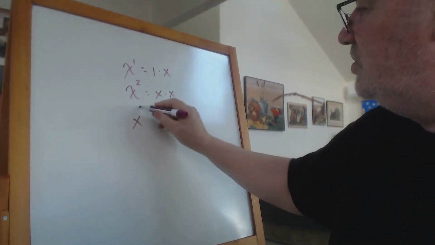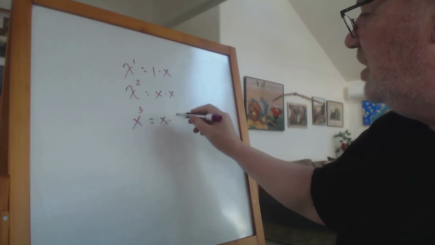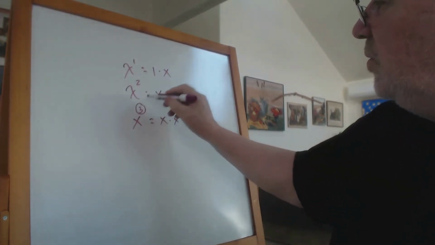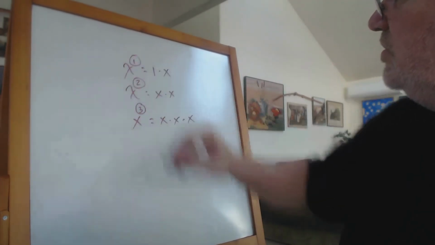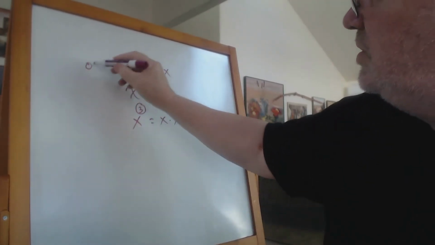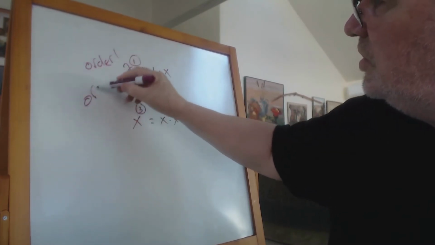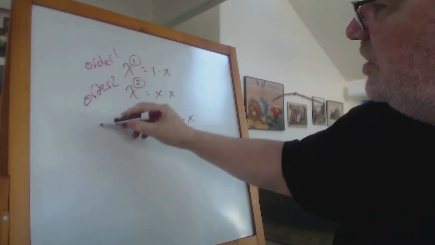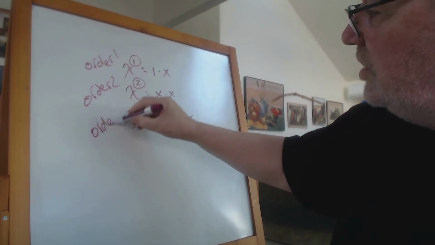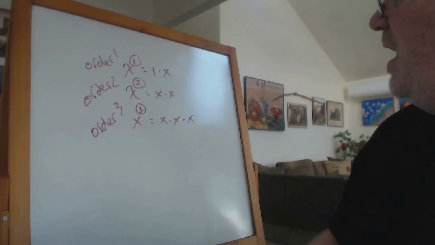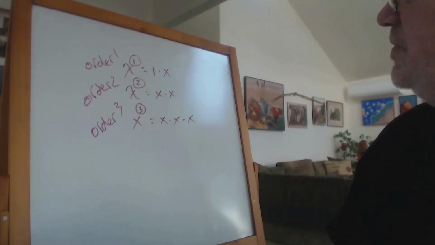X to the 3rd equals x times x times x. This is order 1. This is order 2. And this is order 3, because of the power of x.